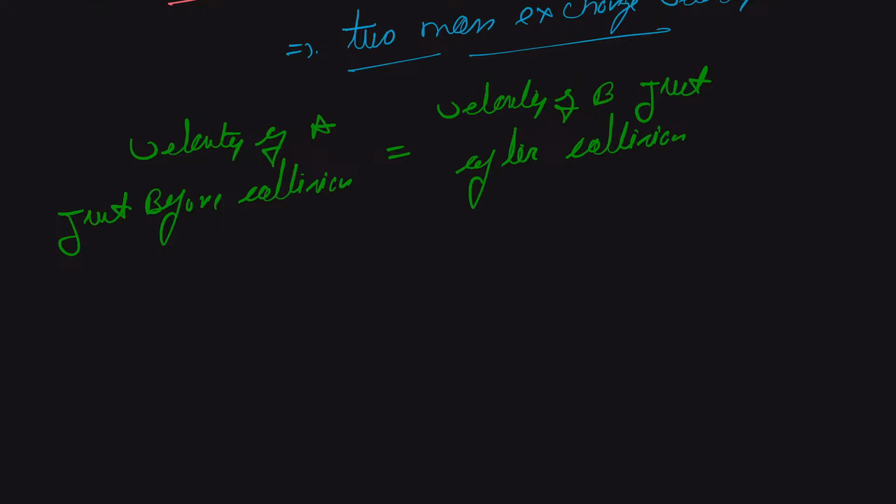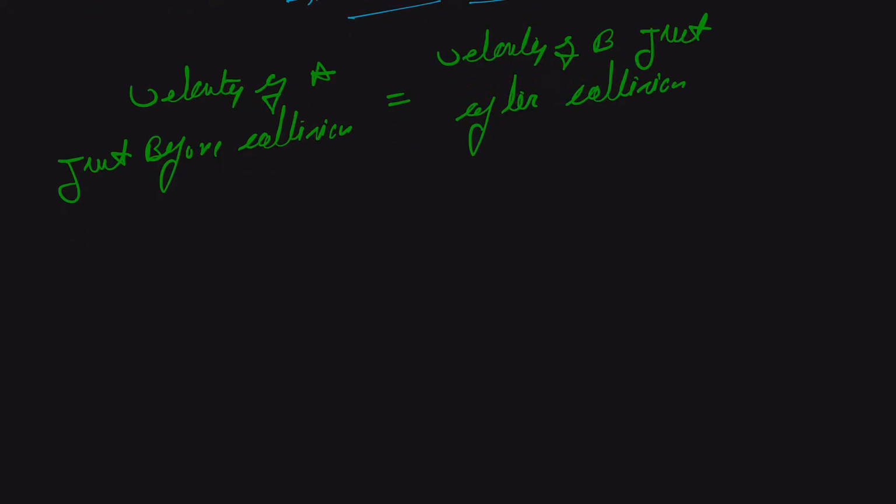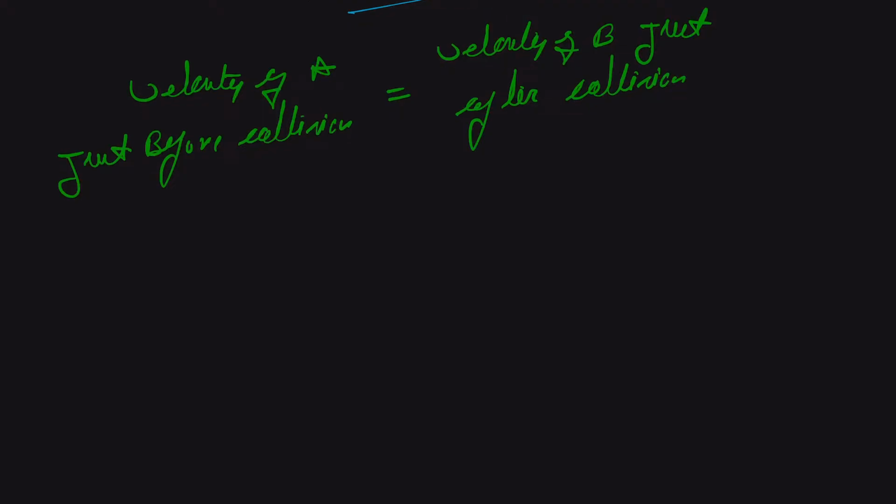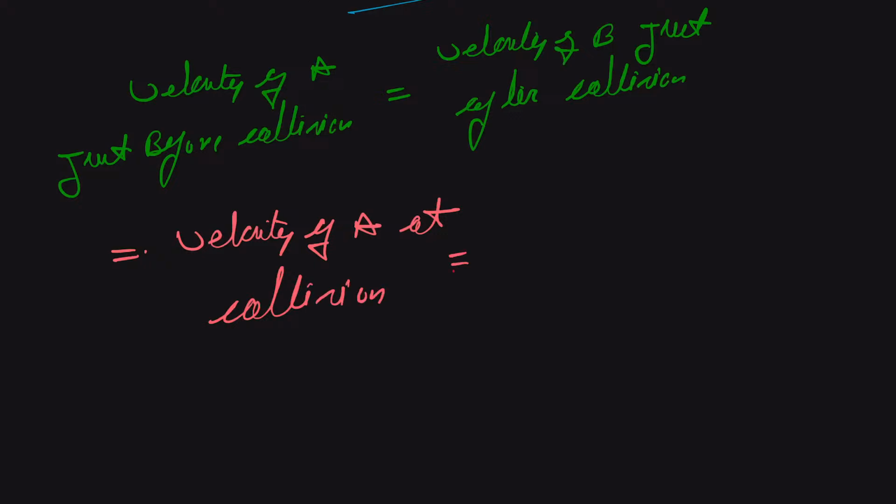So let's say that the speed of A at collision is v collision. Let us suppose the velocity of A at collision is v collision, which is equal to the velocity of B, which was u minimum, and this is our square root of 5gr.